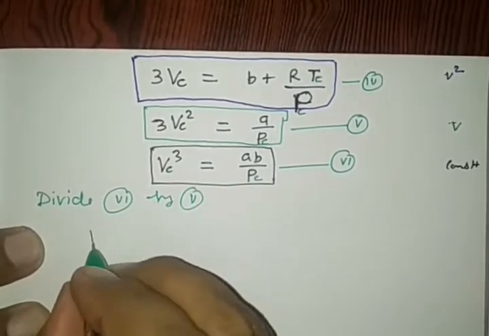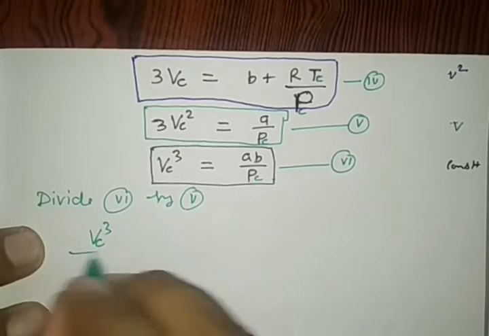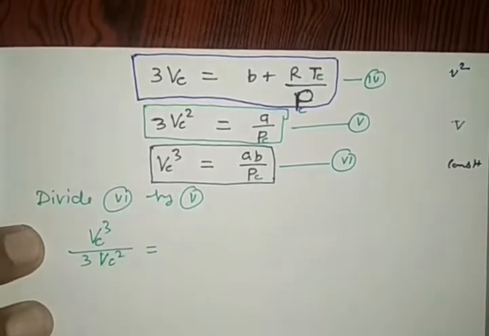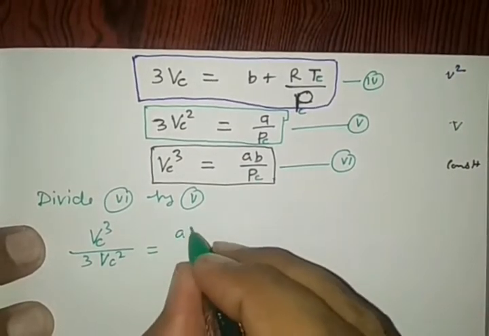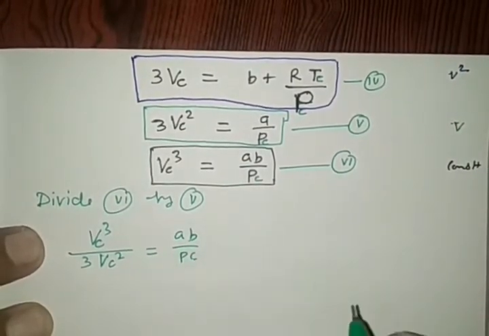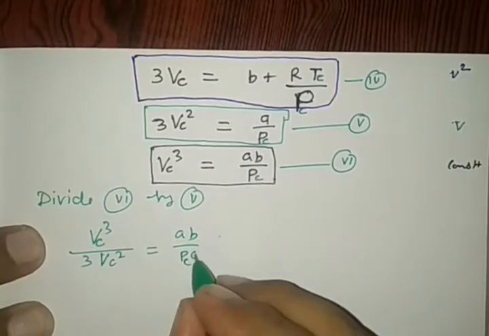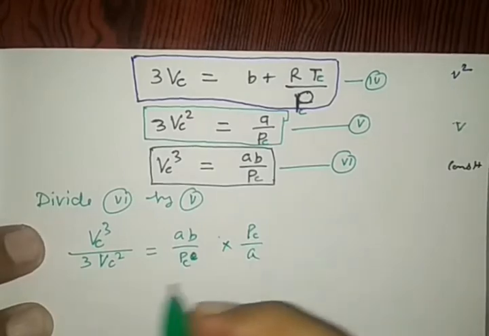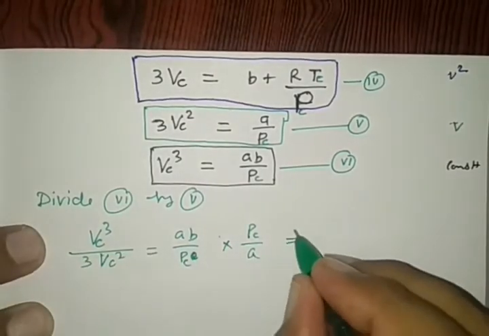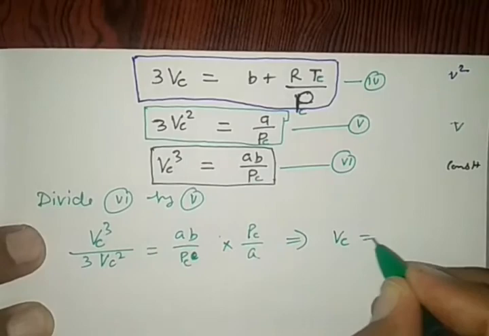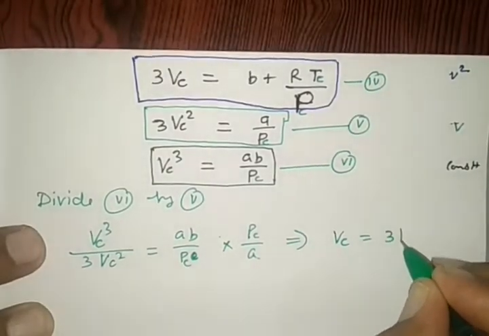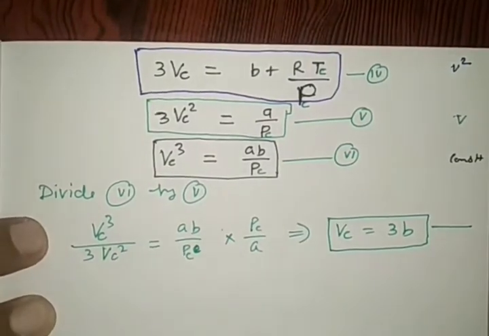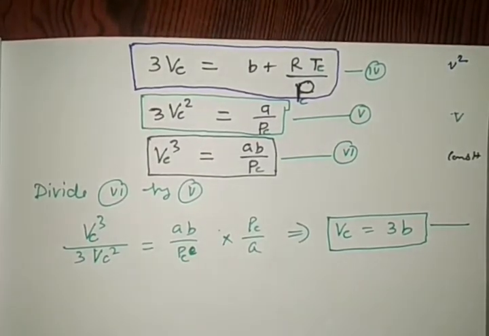So left hand side Vc cube by 3 Vc square is equal to AB by Pc into Pc by A. So after solving this, we get Vc is equal to 3B. See carefully, this is one of the results.